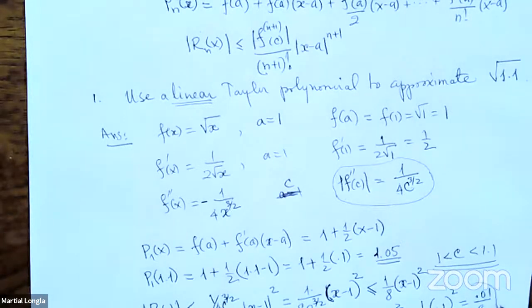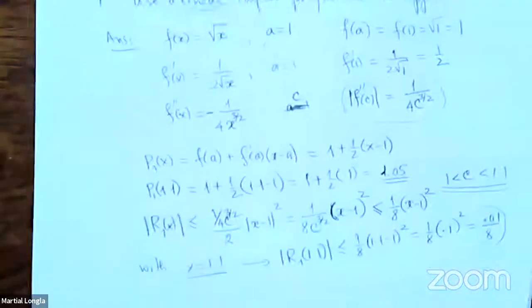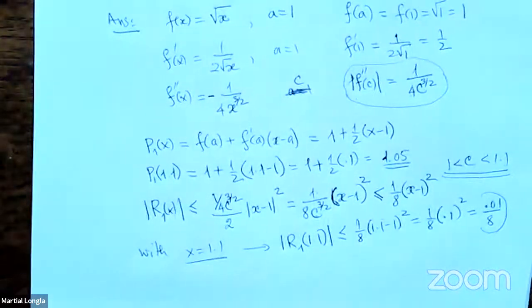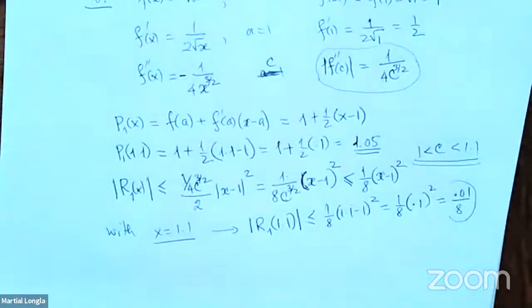So the maximal error you're making on this is 0.01 over 8. And that is for Taylor polynomials what we do.